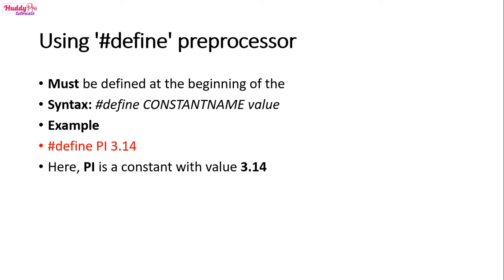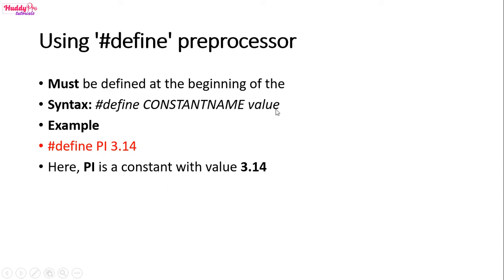That is because all the preprocessor directives must be written before the global declaration. So the syntax is as you see it. You begin with the define keyword, and before the define there is that hash symbol, then the constant name, and then the value of the constant.